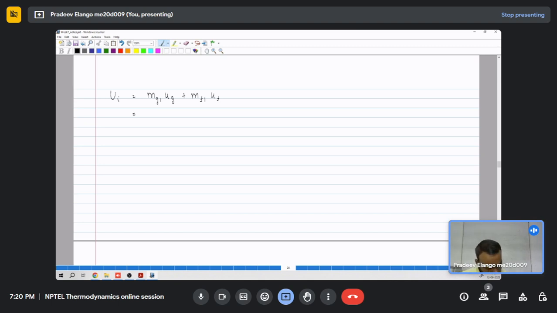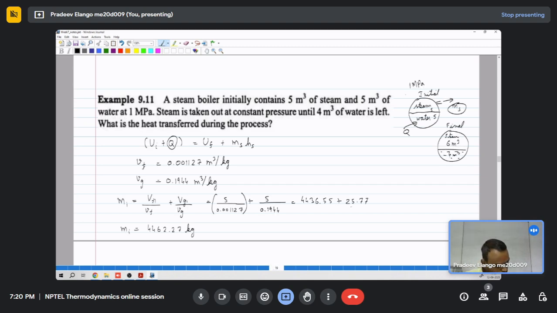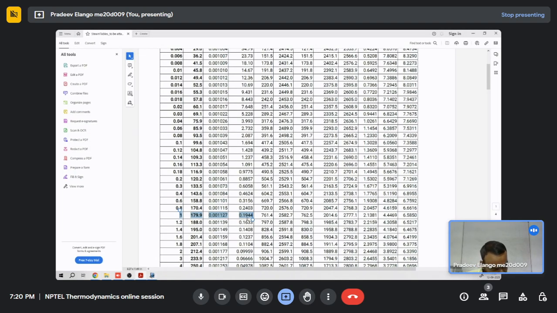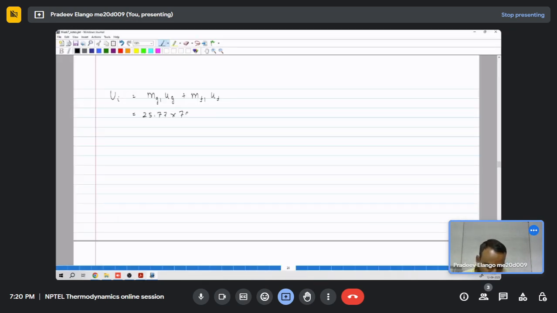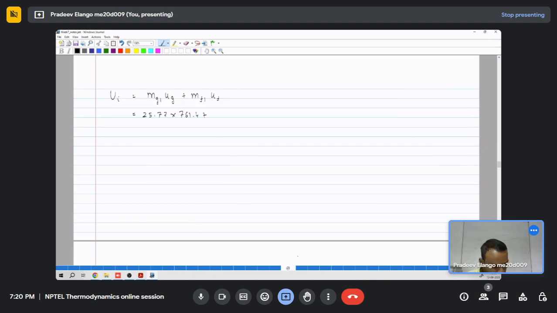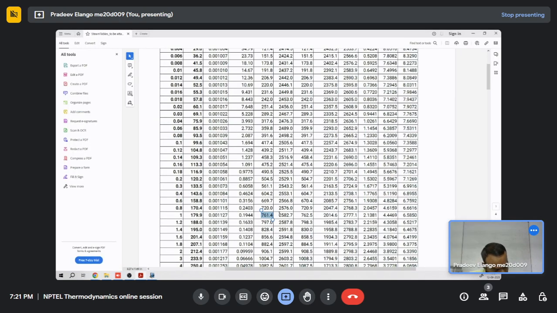So the mass is 25.77 into UG, which can be taken from the steam table, that is 761.4, plus the mass of the liquid, 4436.55, into UF from the steam table, which is 2582.7.